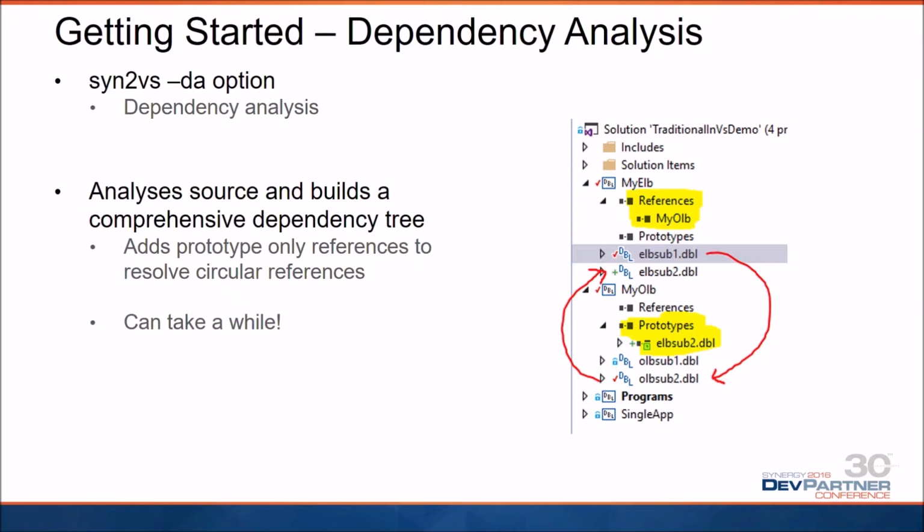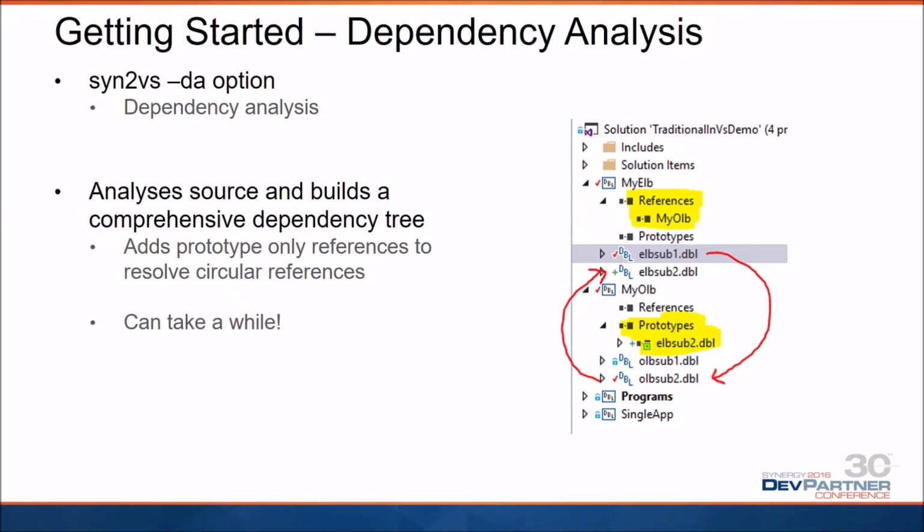Jeff, what was the use case we wanted to do with this now? Circular references. Yes. So if you currently have circular references and you're not really sure what those circular references are, DA will try and figure those out for you and break the references. Right, okay.